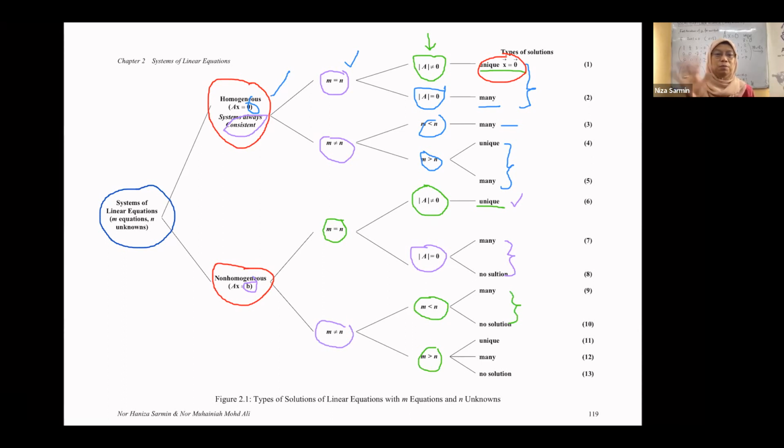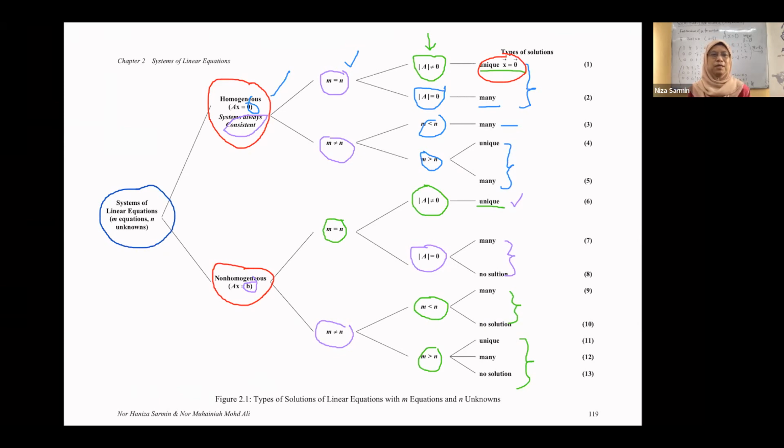There is no possibility of unique, because the determinant cannot be determined from here, and M is less than N, so for sure you cannot get unique. But the last one is the most dangerous one. This is the case Ax is B, not a square matrix, and M is bigger than N. Then you can have all possibilities.